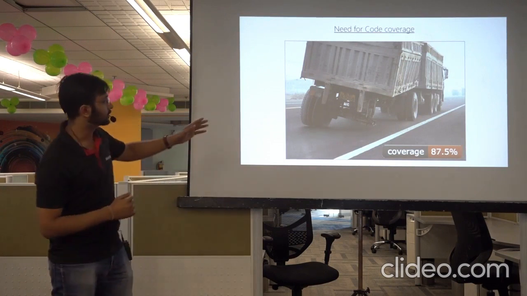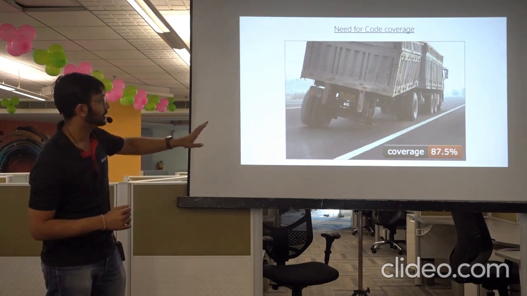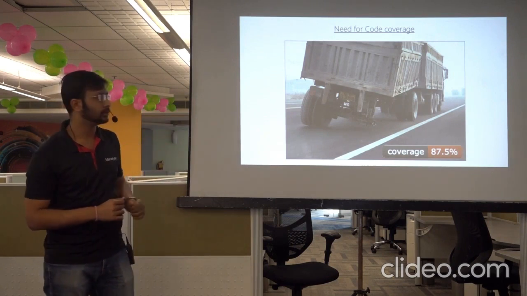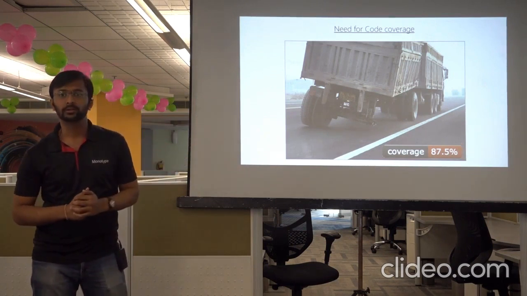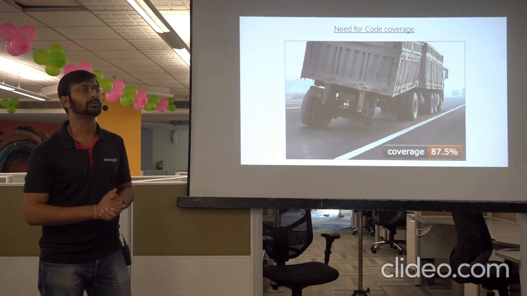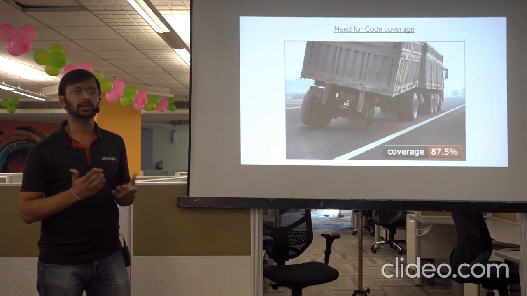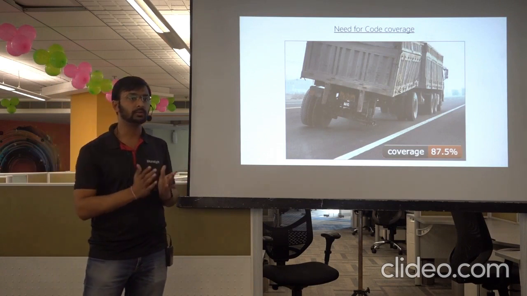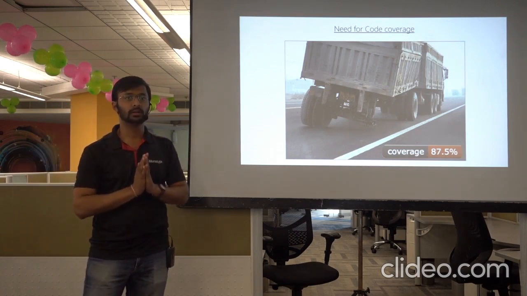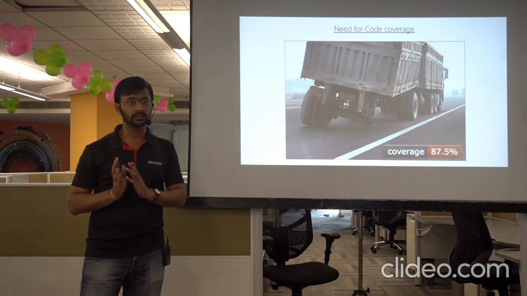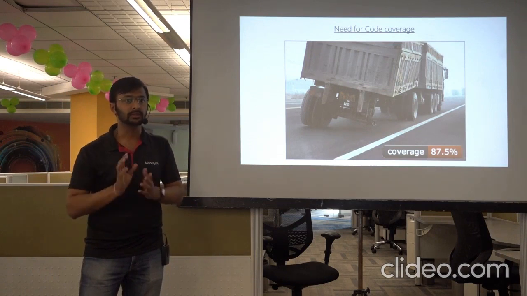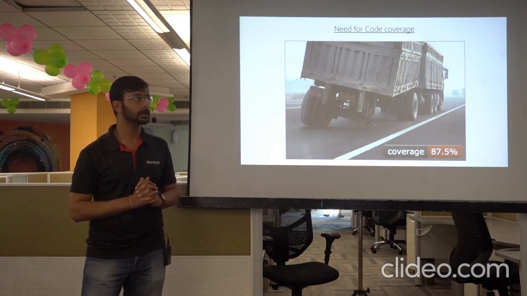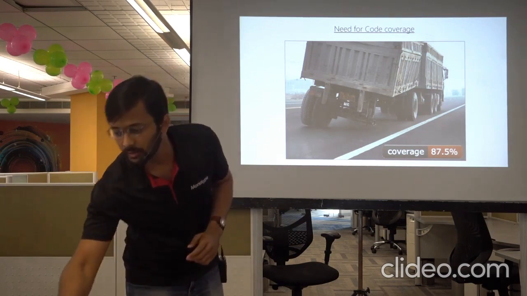There are 8 sets of tires, I assume; 7 sets are working fine, but 1 set is not, yet you have a whopping 87.5% code coverage. According to me, that's good. But I need to analyze the report I get after obtaining code coverage: whether all my features are touched, say on average 50% or 60%, whether I have tested every feature or not. That needs to be taken care of.